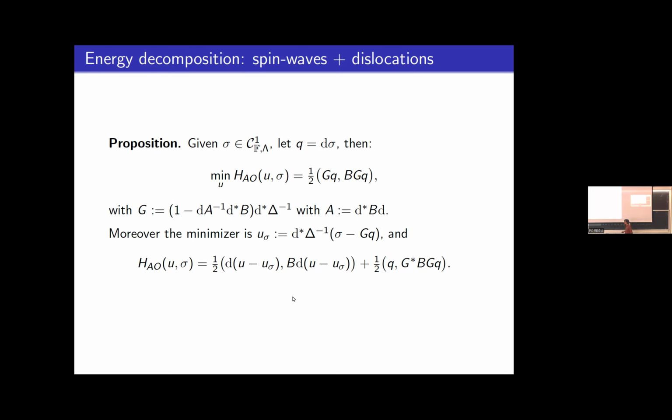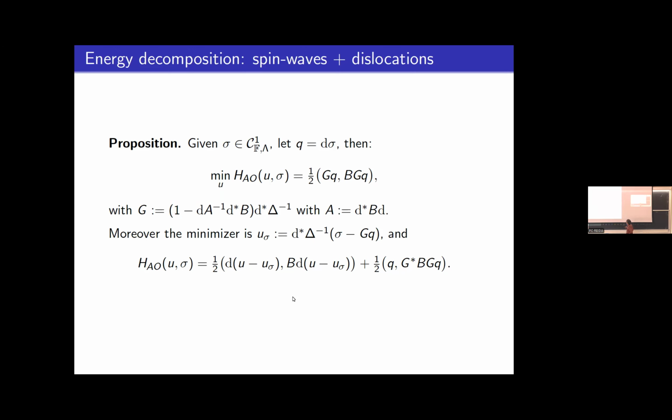But if you want to write it explicitly, this is pretty complicated, because G is complicated. It's this combination of inverse Laplacian, D star, B, D star, A minus 1, D, and so on. A is this combination of the projection operator B I mentioned before and this star B. This A is exactly the same A that I wrote down yesterday when I discussed the harmonic approximation. So it is really exactly the same.